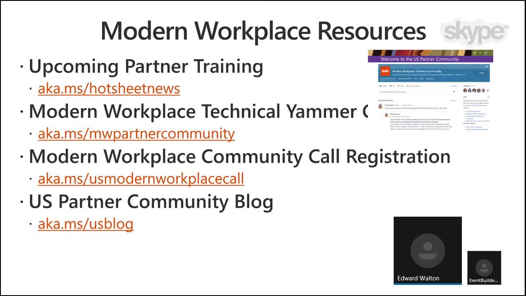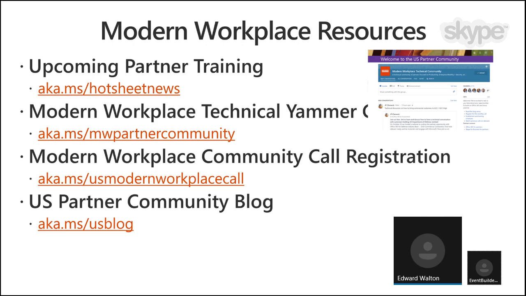So let's talk about some of the resources that you can use to get yourself started around the Microsoft security framework and get access to some of these tools. First of all is being in the know. Being in the know is understanding that we do have partner calls and partner trainings, and these are some of the hot sheets and links where you can get access. We have the Modern Workplace Technical Yammer page, and you see the link there, as well as the Modern Workplace Community Call registration, where you can register for a series of calls, not only for security and compliance, but other workloads within the Modern Workplace group.